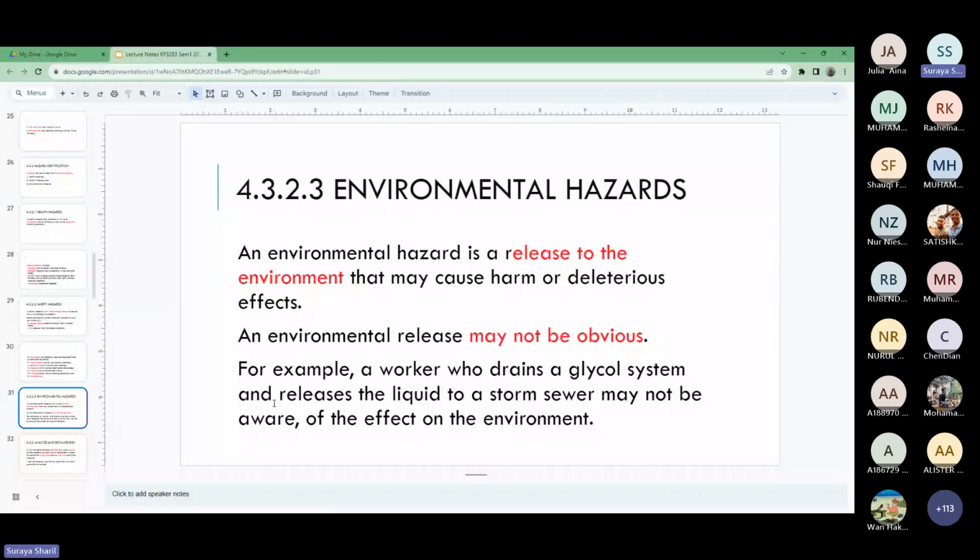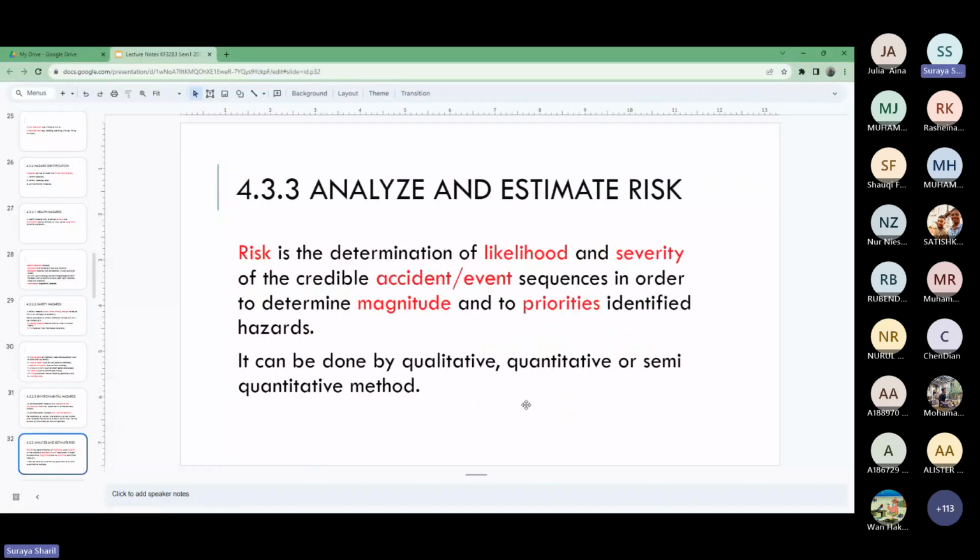Next is on analyzing and estimating risk. Risk is the determination of likelihood and severity of the credible accident or event sequences in order to determine magnitude and to prioritize identified hazards. It can be a qualitative, quantitative, or semi-quantitative method.